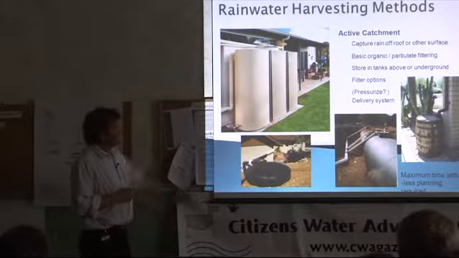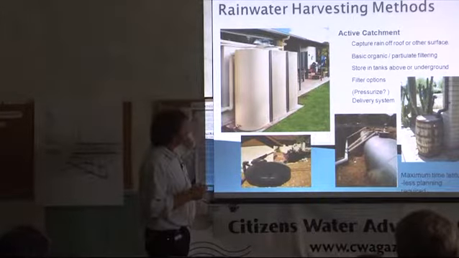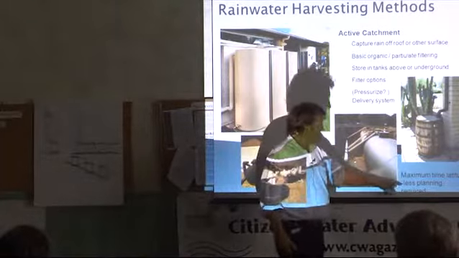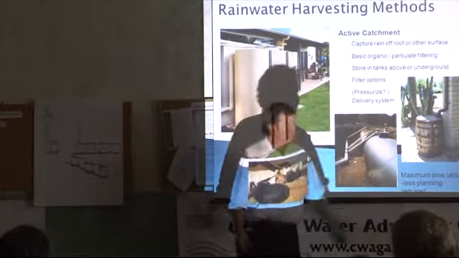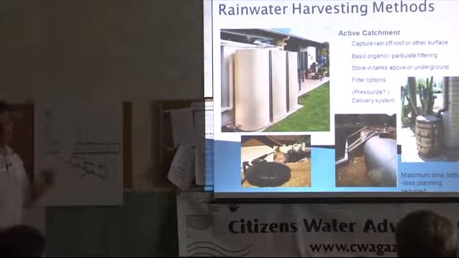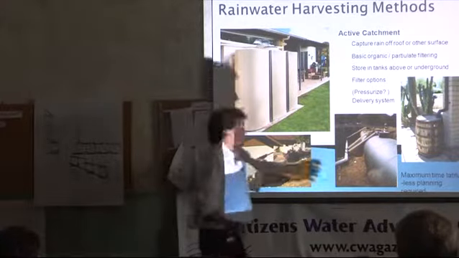And active catchment is what we've been talking about all day. The biggest advantage with active catchment is it maximizes your time latitude. So you don't have to be as intensively planning where that moisture is going to go. You can store it and then use it either through a hose or irrigation system later when required.